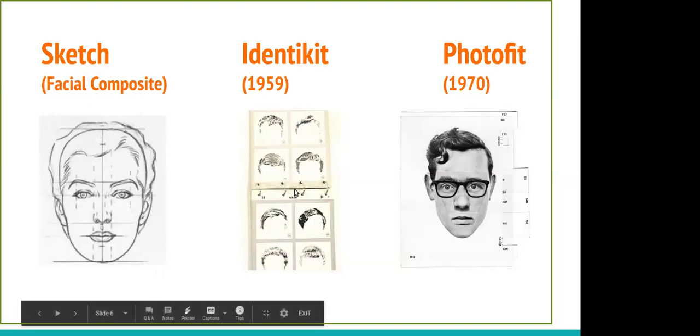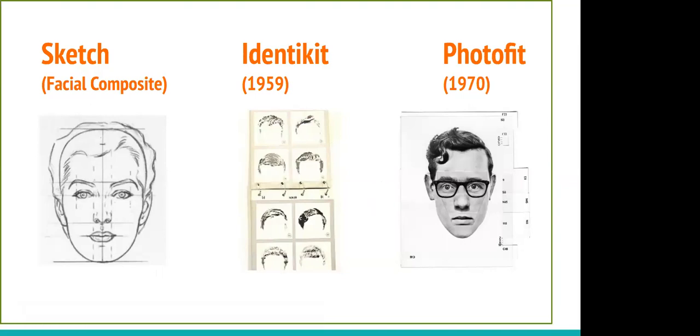And then identikit is something where an artist draws out all sorts of hairlines, hair types, and eye features on transparencies, and then keeps them one above the other. They're superimposed to make out an image.